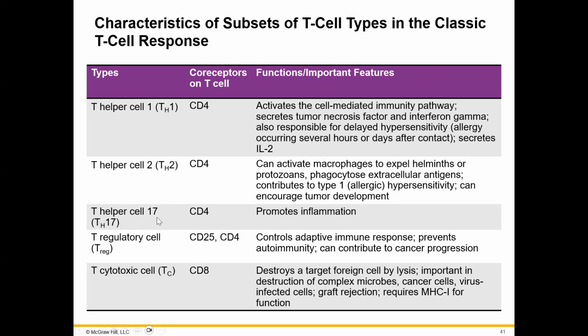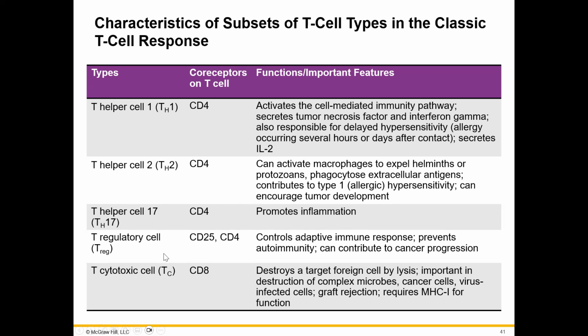T helper cell 17, or Th17, has a co-receptor CD4, the same as the Th2 and the Th1. You see all of these have the same cluster of differentiation. And these promote inflammation.